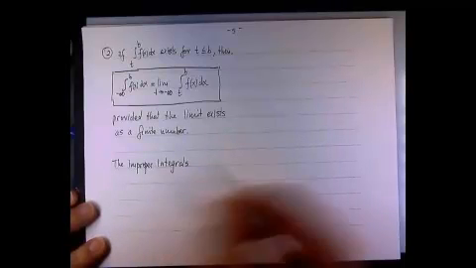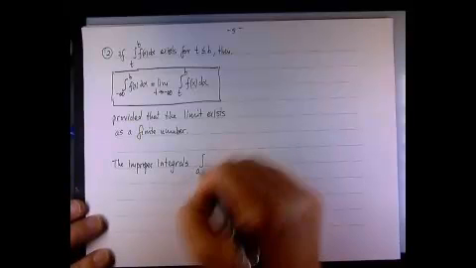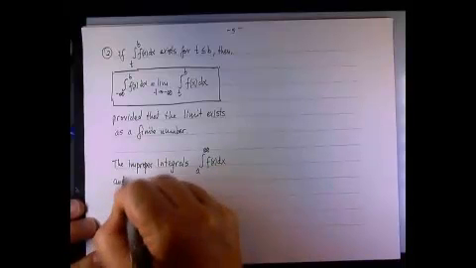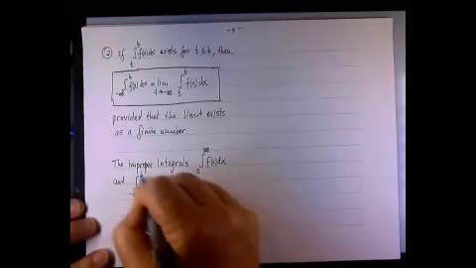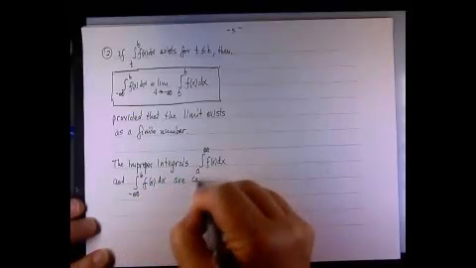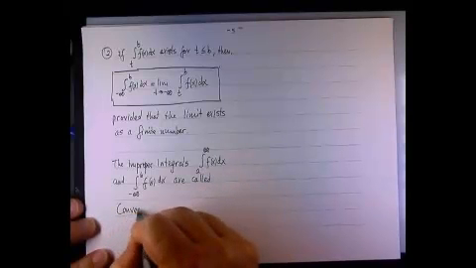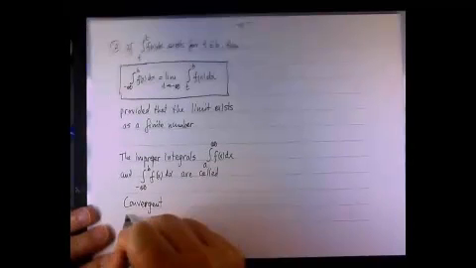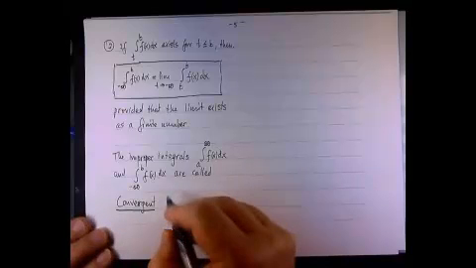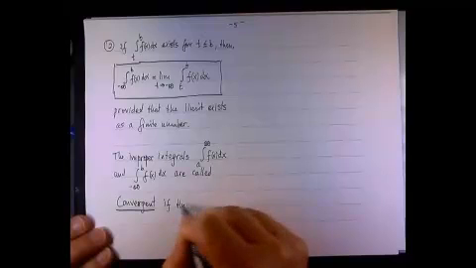We're going to say the following, and with that I'll finish: the improper integrals, both case 1 and case 2, the improper integral from a to infinity of f of x dx, and from negative infinity to b of f of x dx, are convergent if the corresponding limit exists.